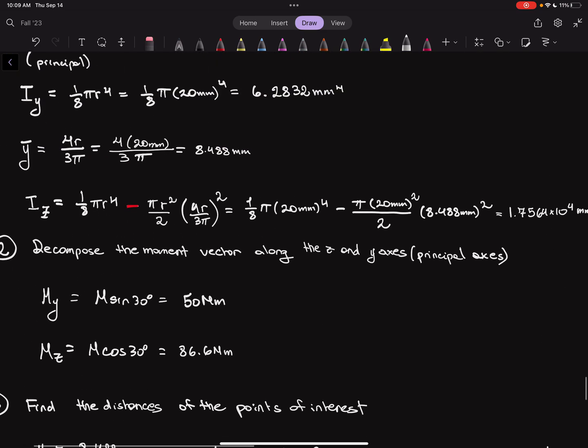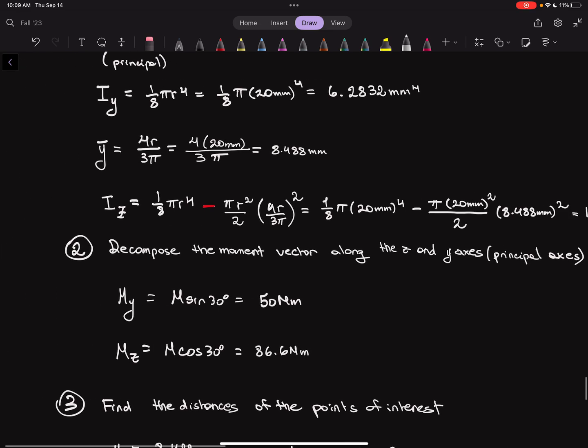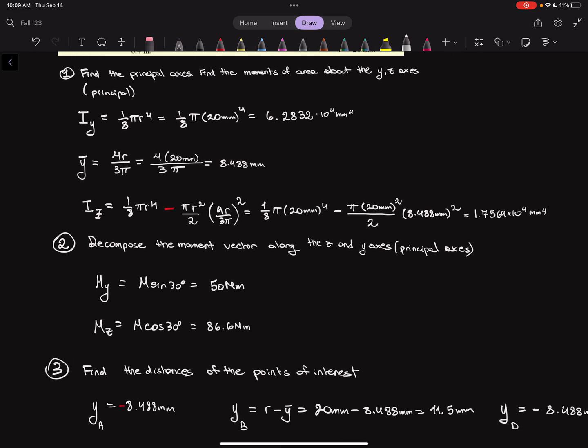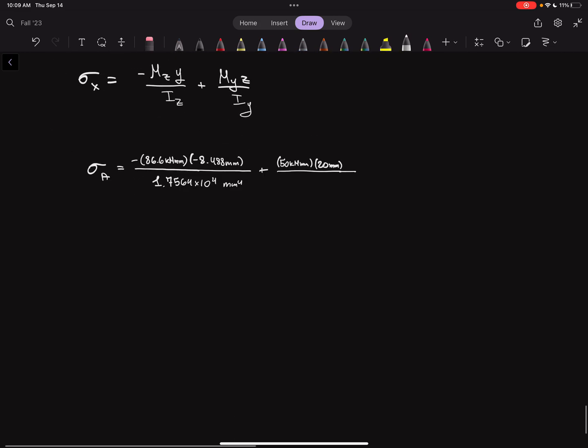And then we have Iy, 6.2832 times 10 to the 4 millimeters to the fourth. I forgot that at first. See, I kind of knew because I was like, hey, this is huge, why is this one so small? And so I figured I was missing something.